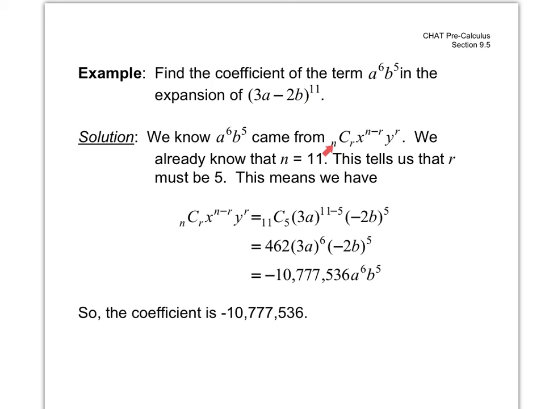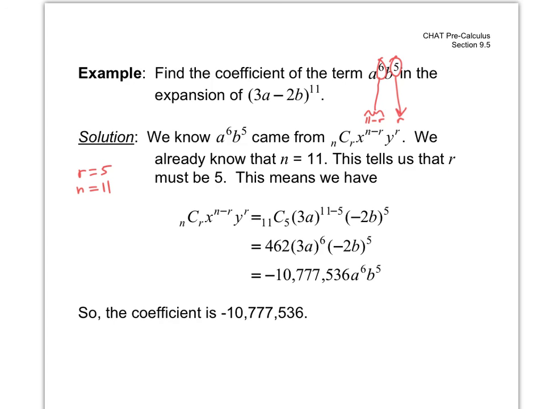So this number is 11, this is an 11, and this is an 11. So if this is 11 minus r, and this is r, and I've got a 5, and 11 minus r is 6, that tells me that my r number must be 5. So r is 5, and my n is 11.